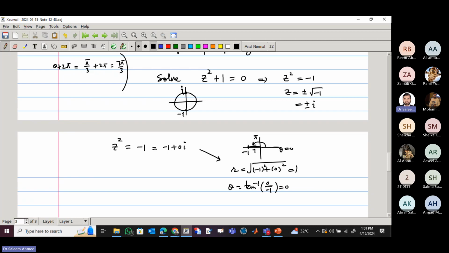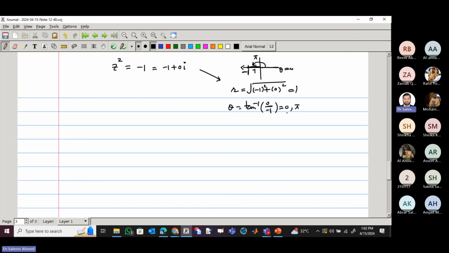But you know that it is -1 in the denominator. It's on the negative x-axis. So we can add pi in theta. 0, pi, 2 pi, 3 pi, and so on. But I will pick this one because this is appropriate to my complex number.